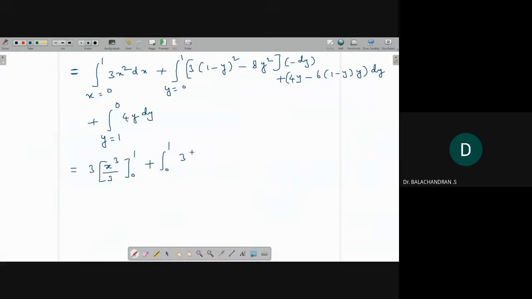So 3 into 1 minus 2y plus y square, minus 8y square into minus dy, plus 4y minus 6y plus 6y square into dy.